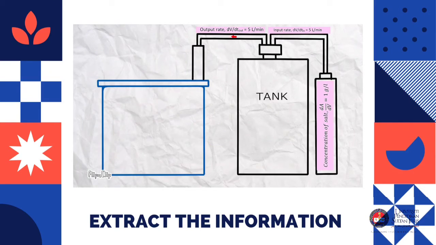Next, the concentration of the salt in the brine is 1 gram per liter, which flows into the tank at the rate of 5 liters per minute, denoted as dV over dt in. The water also flows out of the tank at the rate of 5 liters per minute, denoted as dV over dt out, which means they are the same.